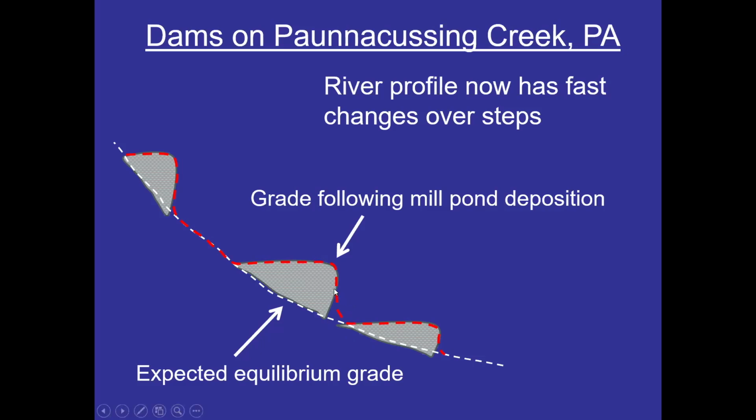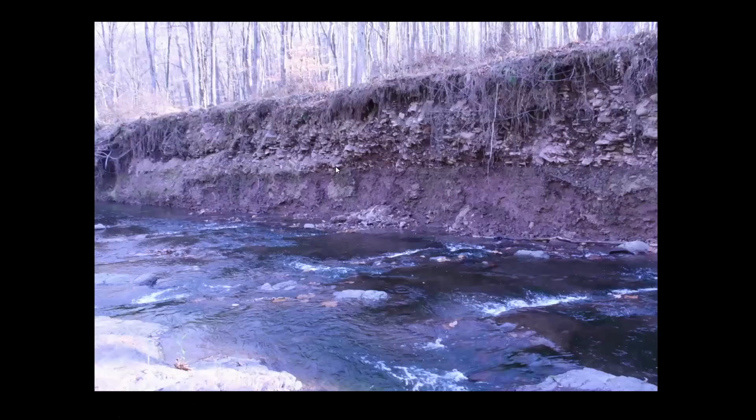So once the dams were gone, the impoundment sediments began to erode, and so the bottom of the mill pond is way up here. But as those impoundment sediments erode, we have eroding banks as the channel reestablishes its grade.